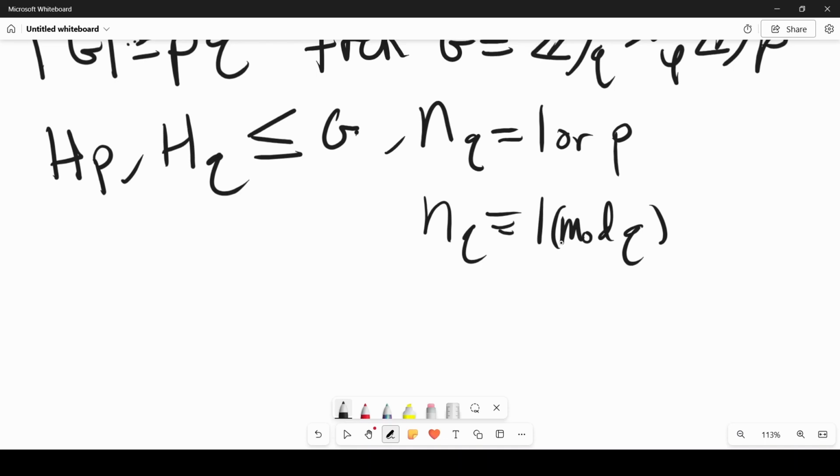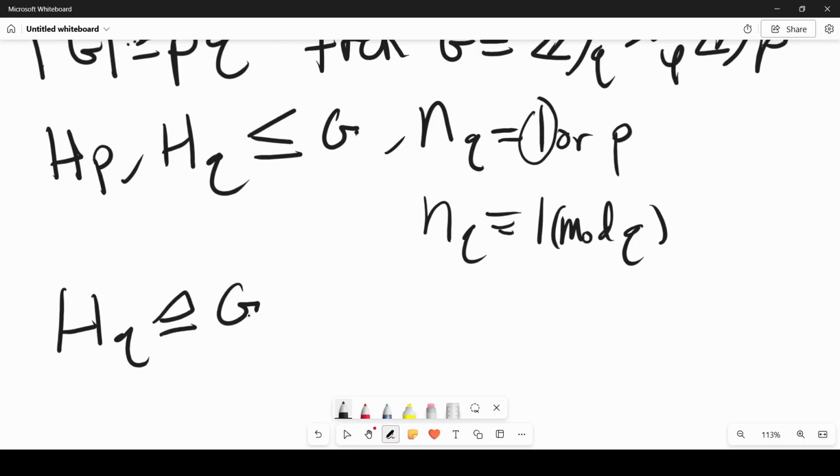But the problem is that Q is greater than P. So if NQ was, say, Q plus 1, then it couldn't be P, because P is strictly less than Q. Which means that, combining these two facts, NQ has to be 1. Which means that HQ is normal in G.